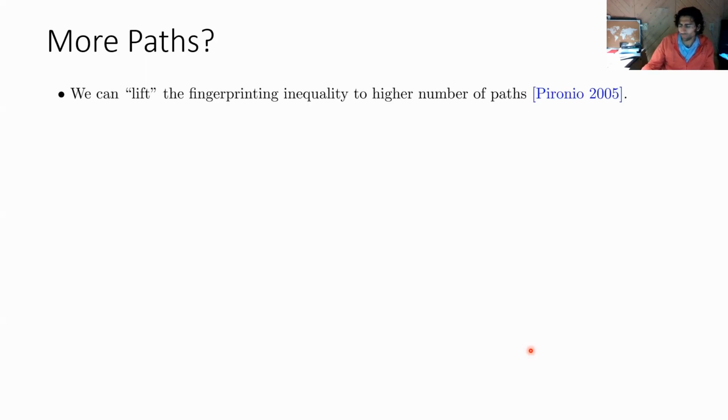Okay. Then, the last result I want to discuss is if we wanted to scale this up to more paths. We can use this technique of lifting inequalities, which is known in studying Bell inequalities. The idea is that if you know you have a valid facet of a polytope for a certain dimension or certain number of parties, and you want to generalize that to more parties, you can use this idea of lifting.